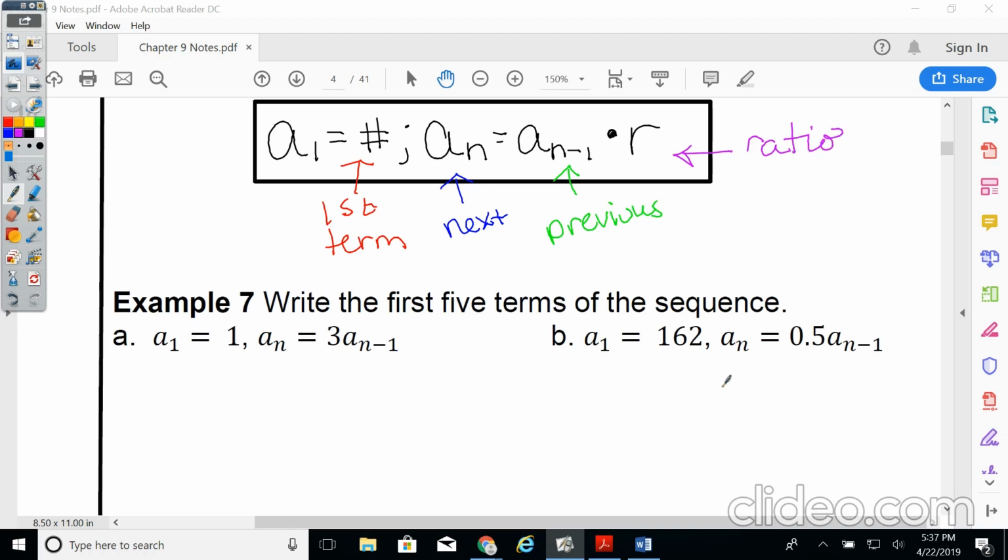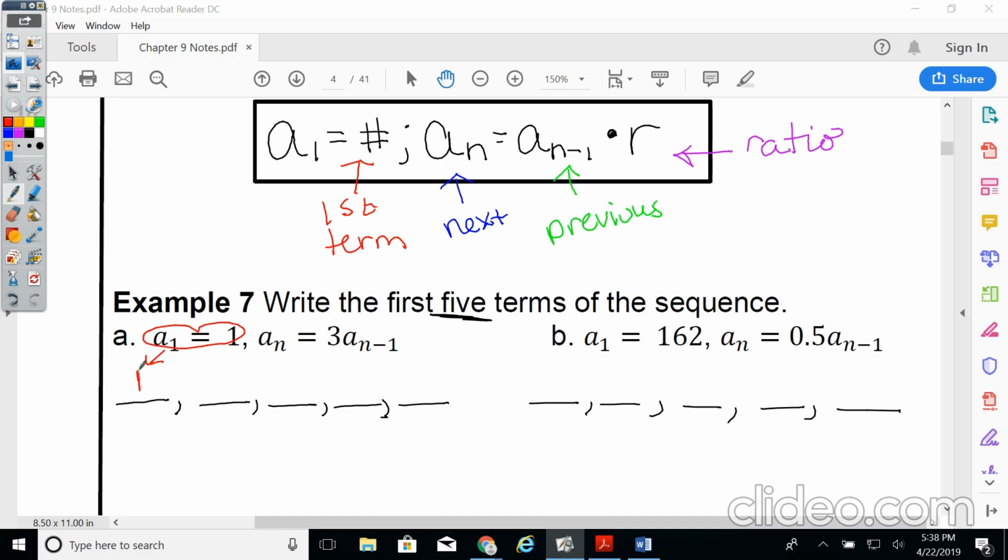This one wants the first 5 terms in the sequence. I find it helpful to write the spaces 1, 2, 3, 4, 5. a sub 1 is the first term, so this one goes here, 1.